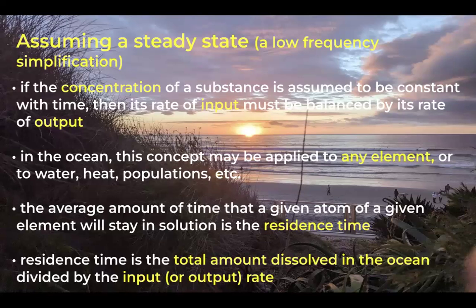But there are other physical reasons that you might think that would make sense in oceanography. If the concentration of a substance is assumed to be constant with time, then its rate of input must be equal to its rate of output. We're going to talk about a particular case with salinity today. That's just inflows and outflows. If more came in than went out, just like a bank account, the amount of that stuff would grow.